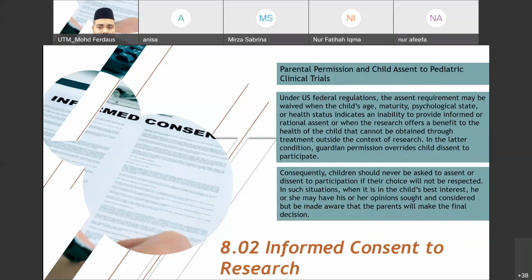Under U.S. federal regulation, the assent, the approval to participate by the children, may be waived when the child's age, maturity, psychological state, or health status indicates an inability to provide informed or rational assent, or when the research offers a benefit to the health of the child that cannot be obtained through treatment outside the context of research. In the latter condition, guardian permission overrides child consent to participate.